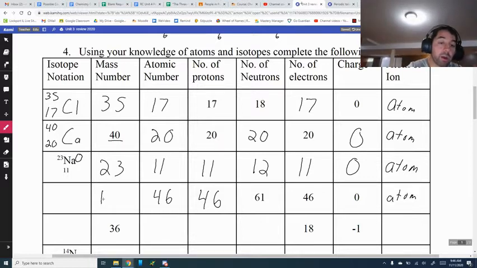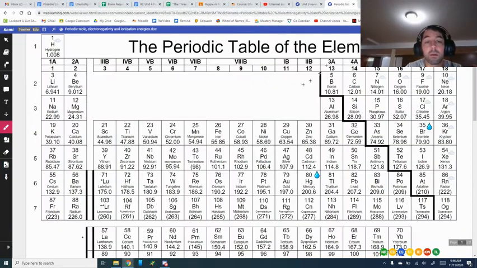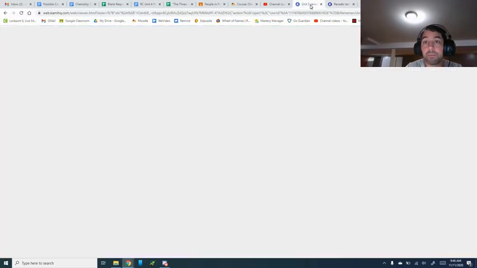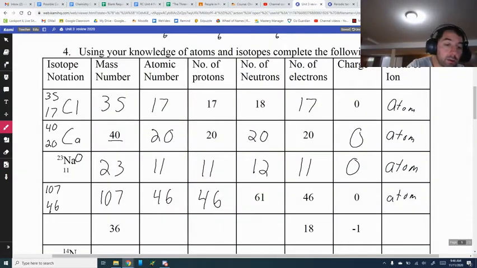So we get 107. So 107 goes on top. 46 goes on bottom. We have to identify that. 46 is right here. So that's palladium, which is Pd. So we put Pd right there.